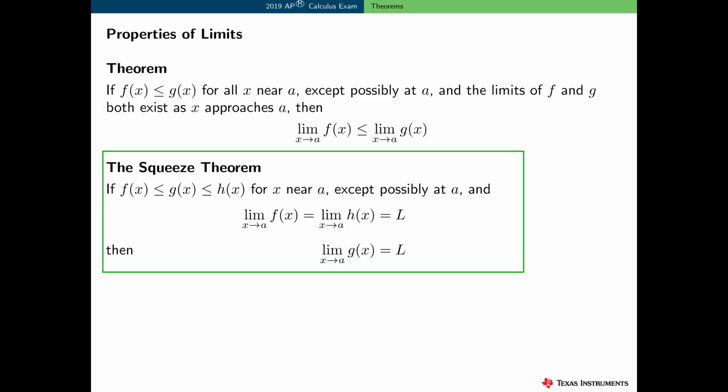And here's the squeeze theorem, which is useful in a variety of limit contexts.